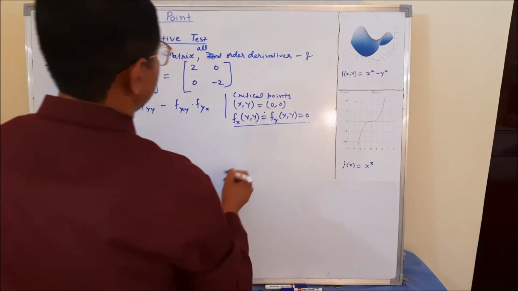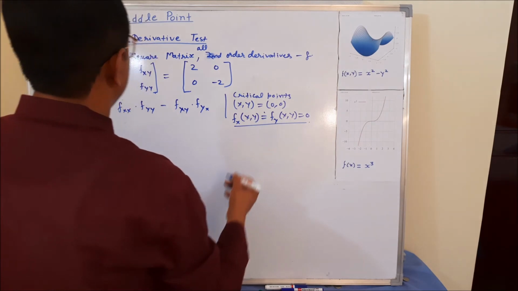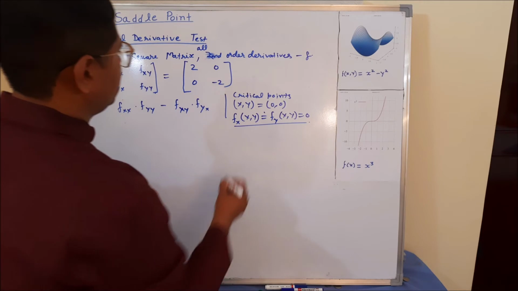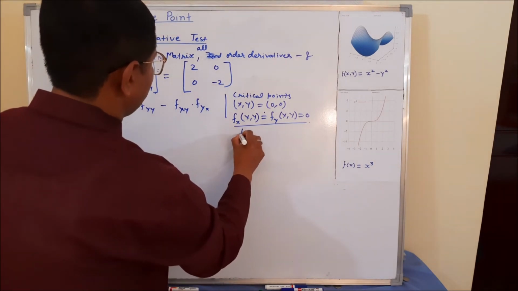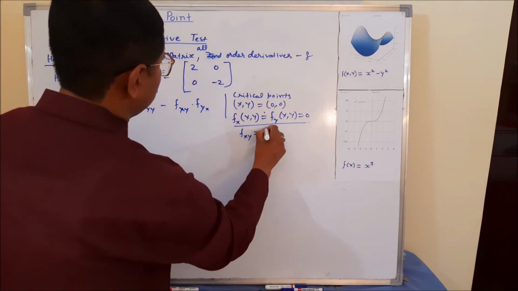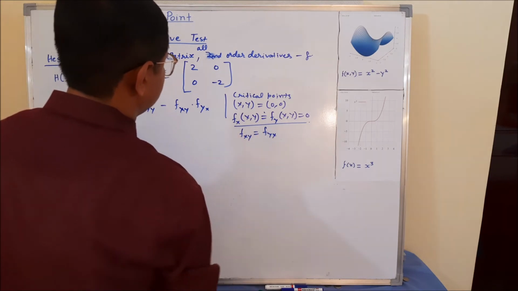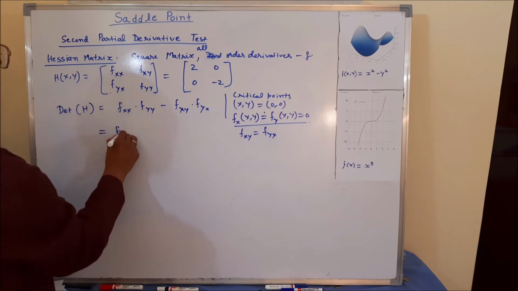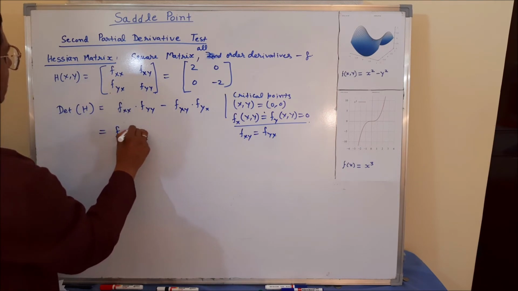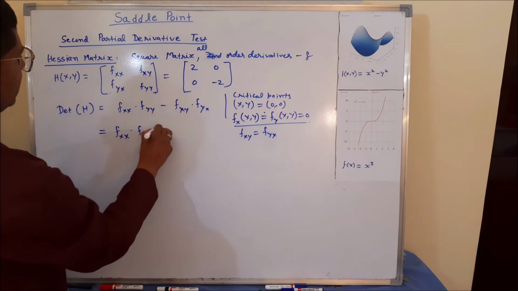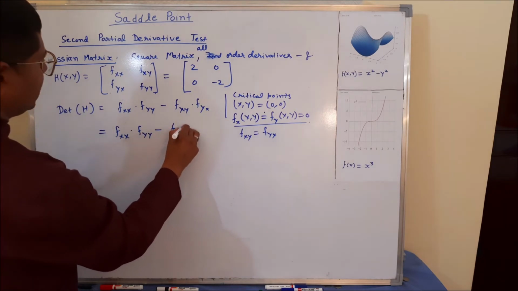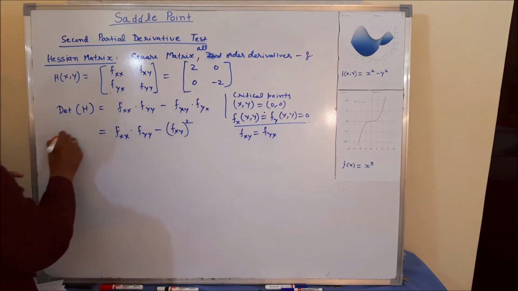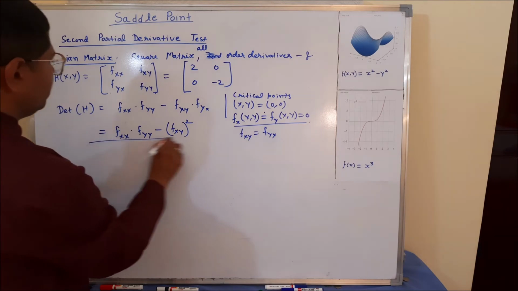At this critical point, we assume that in the computation of the Hessian determinant, we have fxy equal to fyx. So we can write our equation for this critical point as fxx fyy minus fxy square.